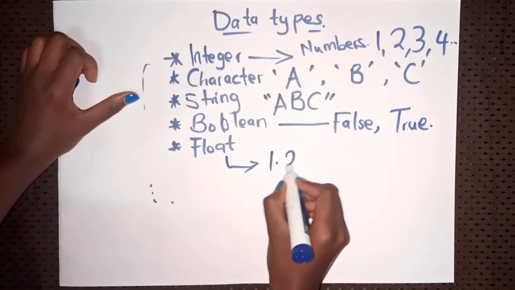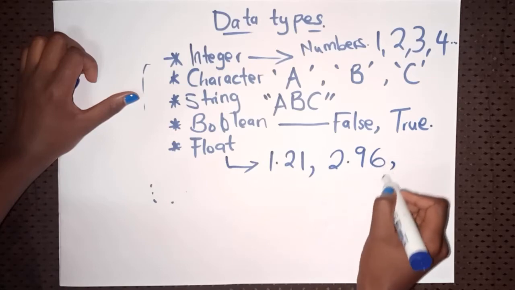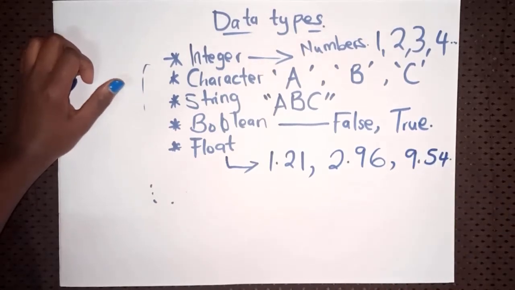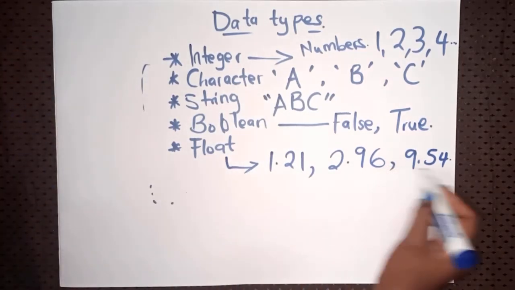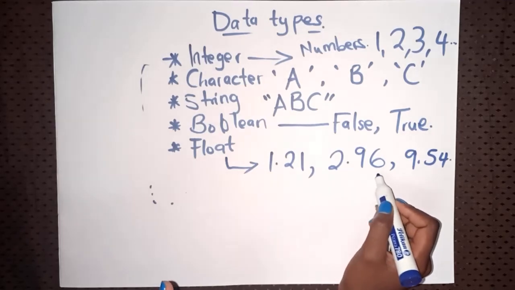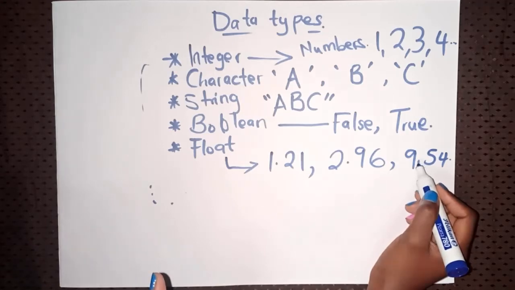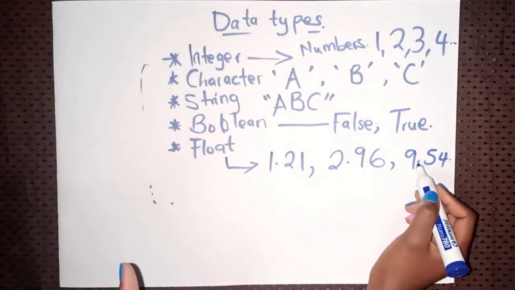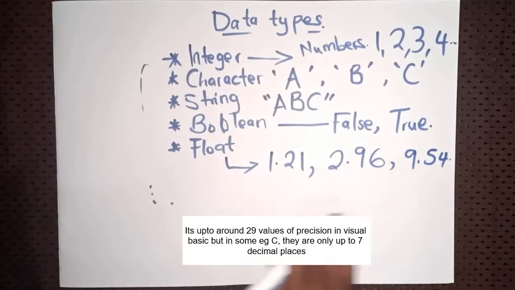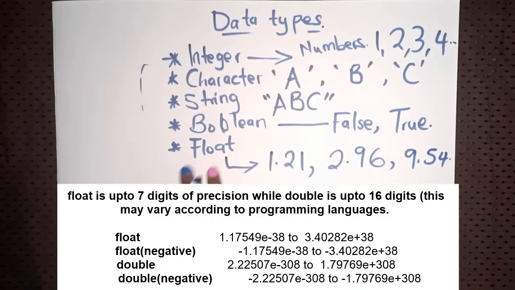So 1.21 is a float, 2.96 is a float, 9.54 is a float. The decimals can be up to, depending on the programming language, I assume, 29. I think in Visual Basic it's up to 29. I'll put it down here on the screen for you to see the length of that.